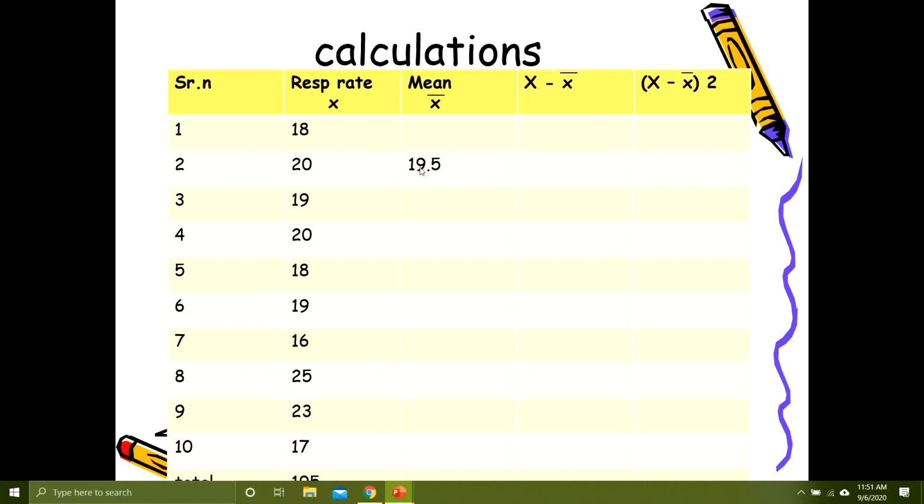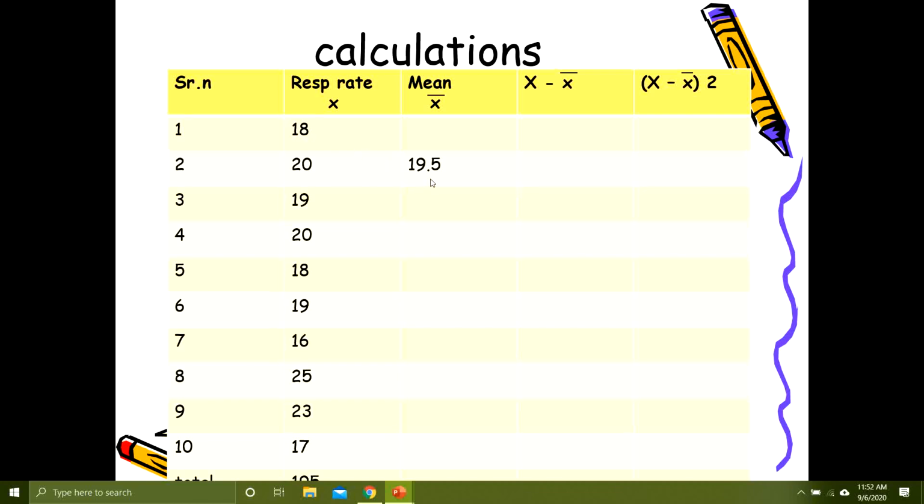It means I will calculate it as 18 minus 19.5, x minus x bar, 20 minus 19.5, 19 minus 19.5. So it will give me the values of deviation of each observation from the mean.